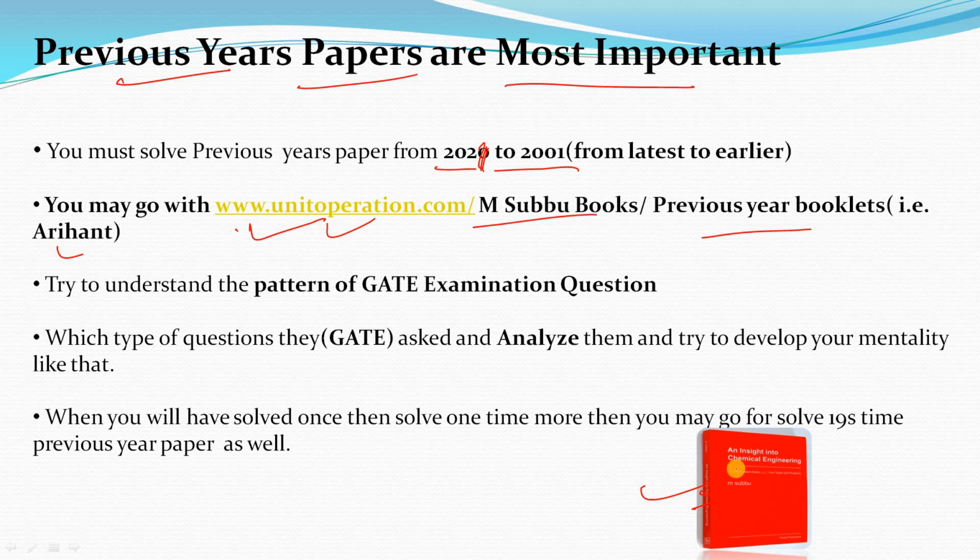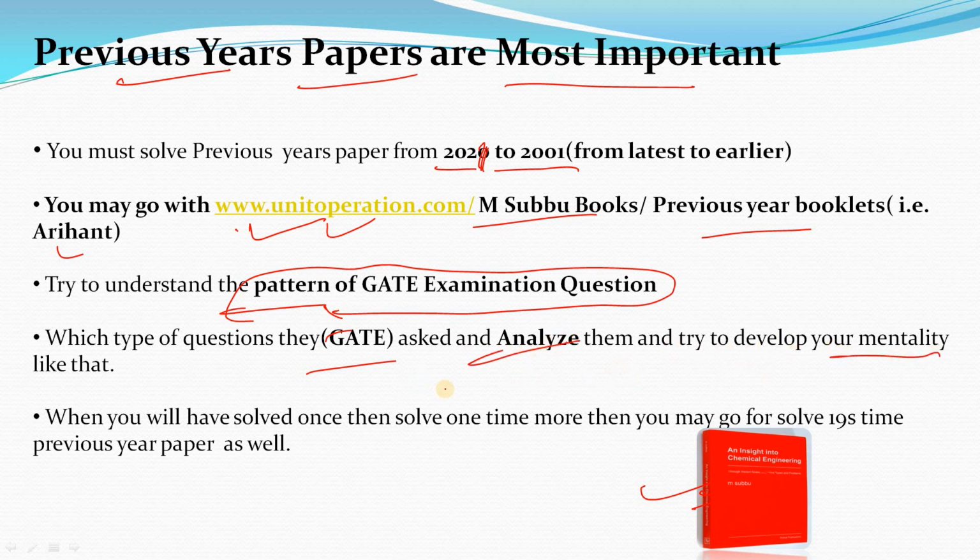Then what should be your aim? Your aim should be to try to understand the pattern of GATE chemical engineering questions. If you crack that pattern, it will be easy for you to set your mentality about what the paper should be and how the paper can be set. Once you have understood the pattern, analyze which type of questions they are asking, then develop your mentality according to that.